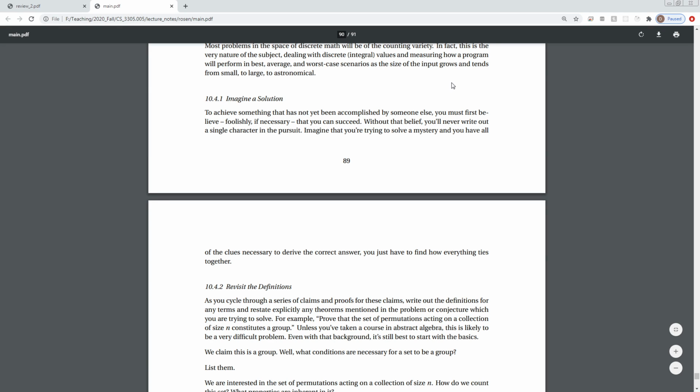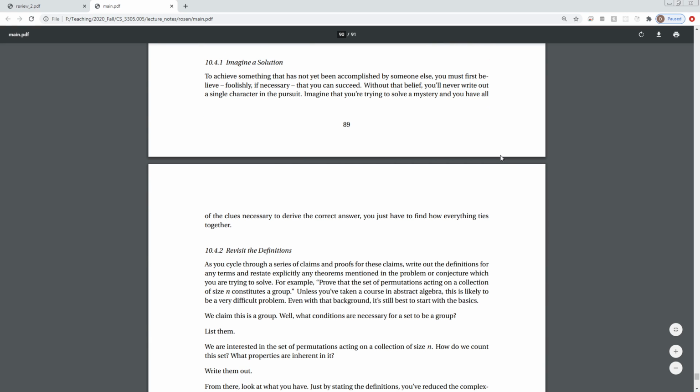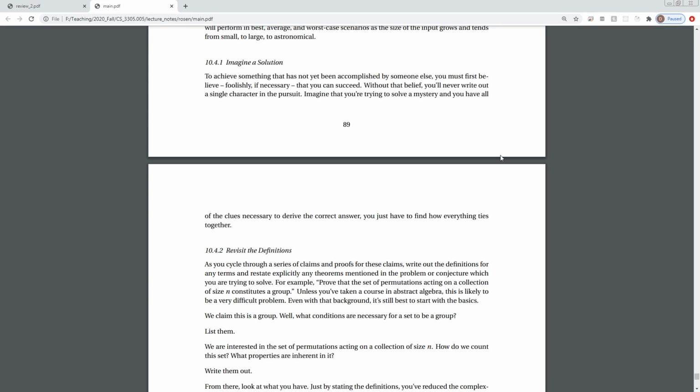Best, average, worst case scenarios of that program whenever the size of the input gets larger and larger. It goes from something small to something potentially very big. So how bad does it get, and how fast? That's kind of what I'm hoping to teach you by the end of this course.